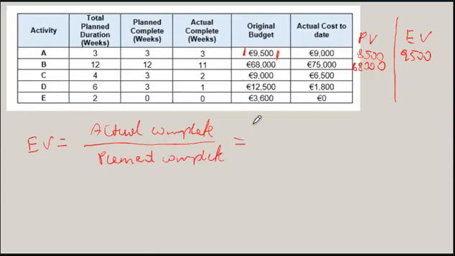In this case, it's going to be 11 over 12, multiplied by 68,000, which is the original budget. So we only earned 11/12 of that 68,000. If I do 11 divided by 12 times 68,000, that's 62,333. So that's the earned value, 62,333.